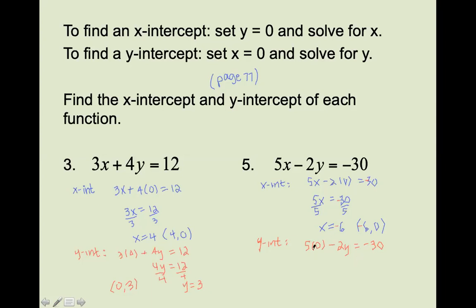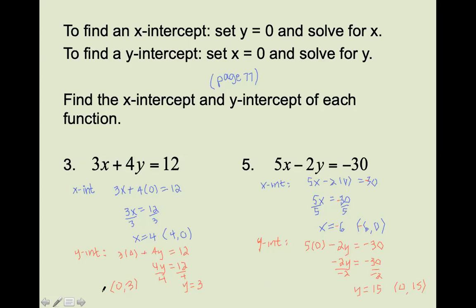All right, so let's keep going. 5 times 0 is 0. So I have -2y equals -30. I divide both sides by -2, and I get y equals, a negative divided by a negative is a positive, 15. So my y-intercept is the point (0, 15).